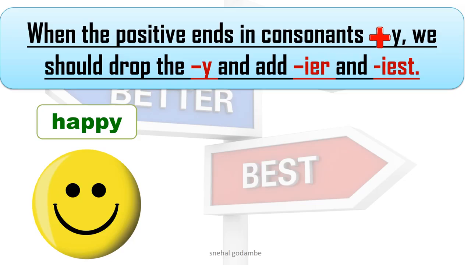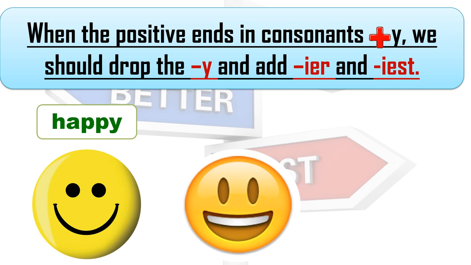So while forming comparative degree, how will we write it? This is happy, but the next degree is happier. See here, we have dropped this Y and we have added IER, instead of only ER. And in superlative form, you can see the happiest face.